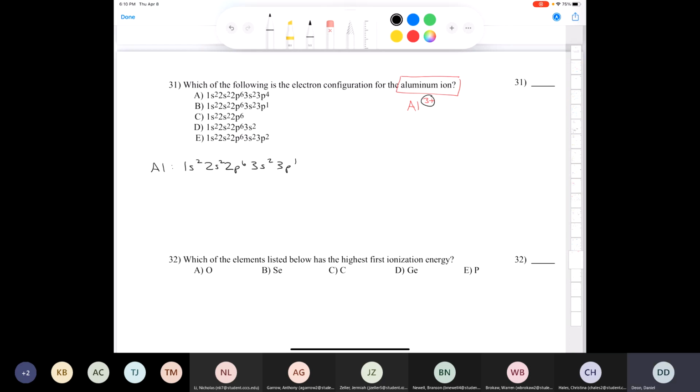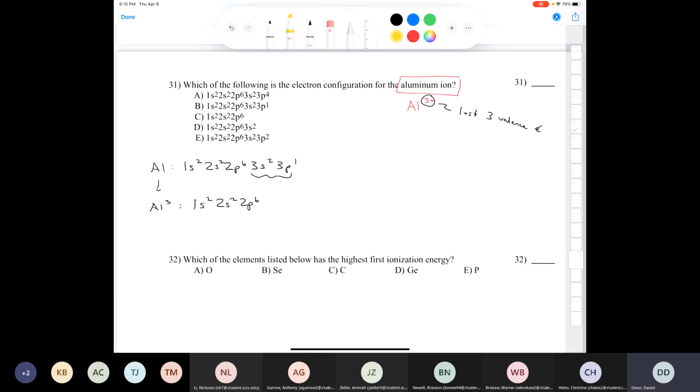Well, if it's 3+, that means it has to lose 3 valence electrons. So these electrons are going to be lost when I form Al3+, and I'm going to end up with 1s2, 2s2, 2p6.